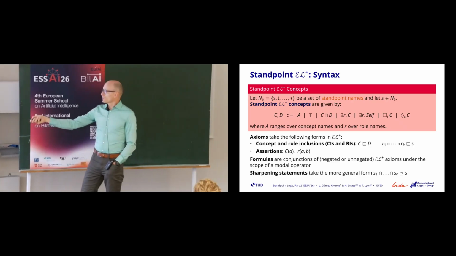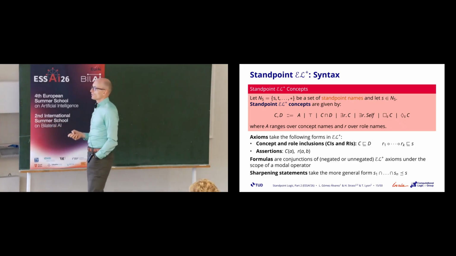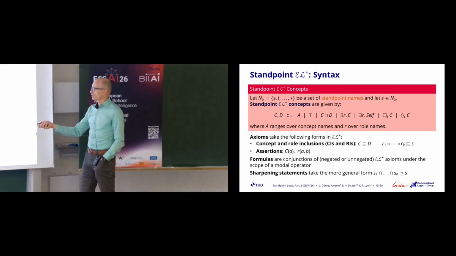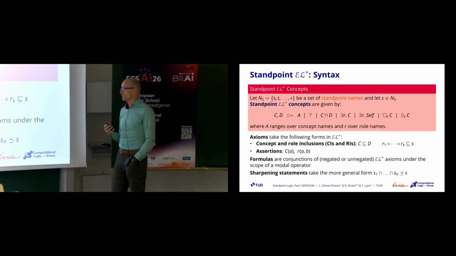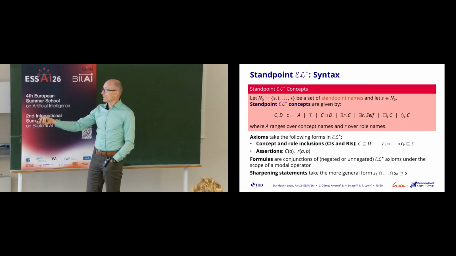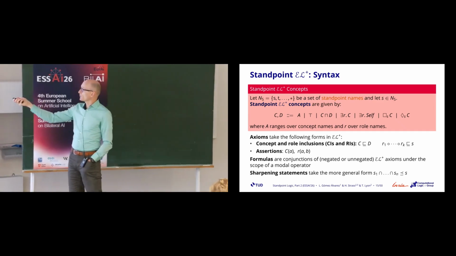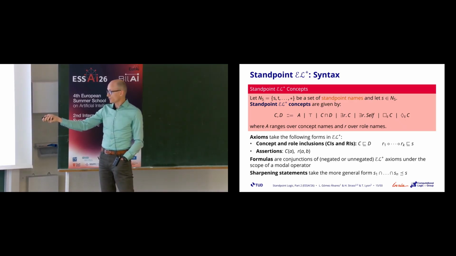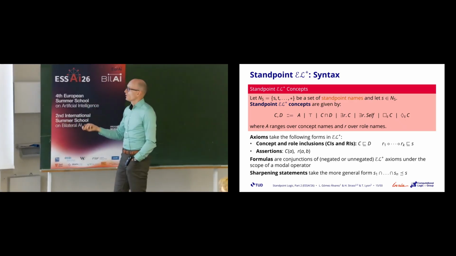And in our A box, we will still have assertions, where we can talk about concrete concepts and role assertions. We even have the possibility of adding standpoint modalities to these assertions. Right?